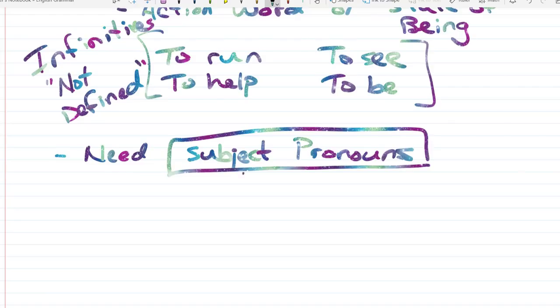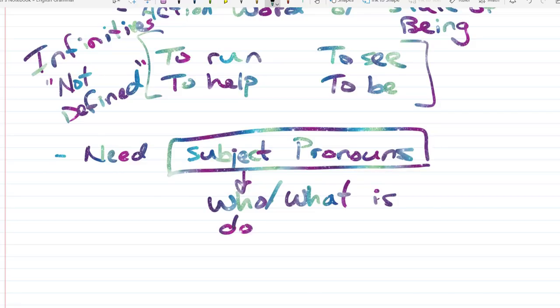And all the subject pronoun expresses is who or what, because it could be a thing as well, is doing the action. So who's running? Who's helping? Who's existing there? That sounds very philosophical, but, or who is seeing? And that subject pronoun is going to tell us that in English.